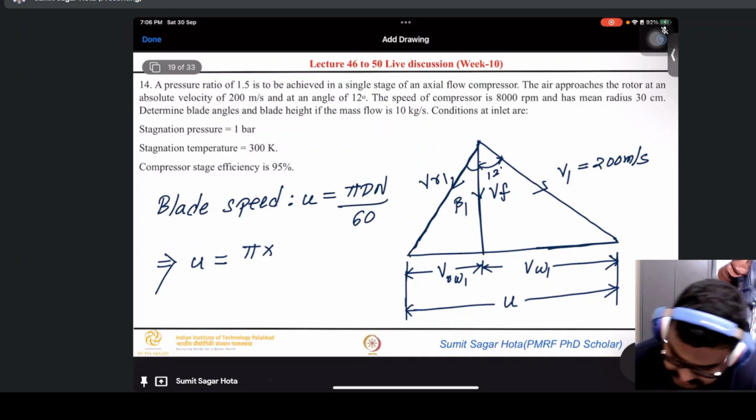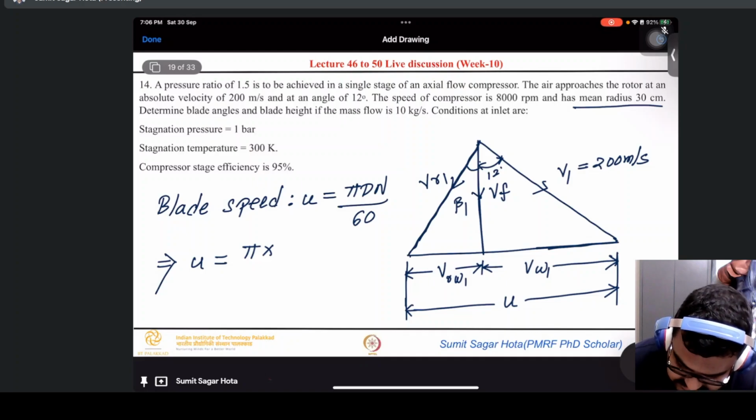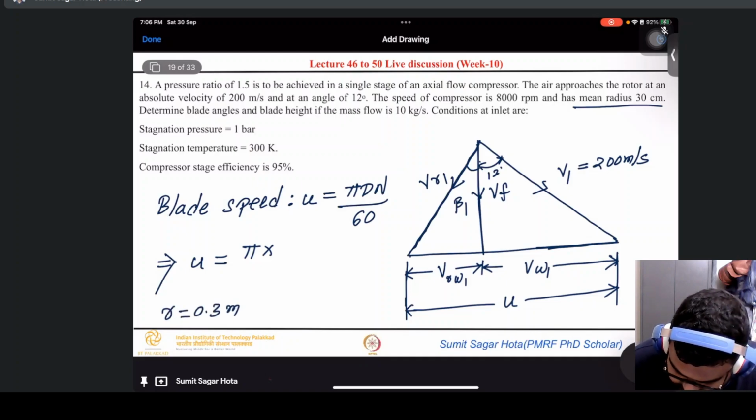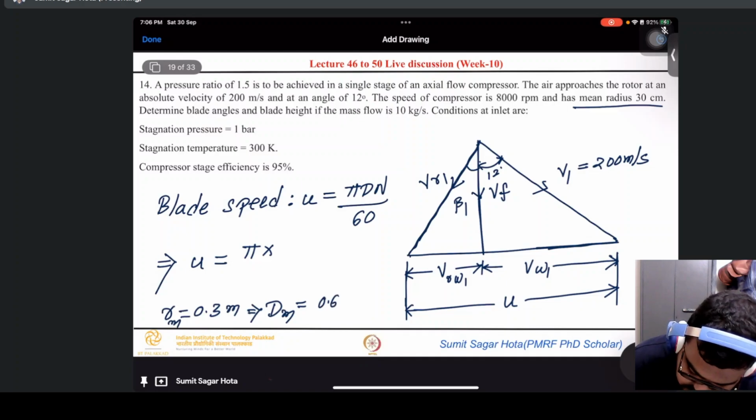You see, in the question it's mentioned the mean radius is 30 centimeter, which means the radius is 0.3 meter. If r is 0.3, the mean diameter is 0.6 meter.